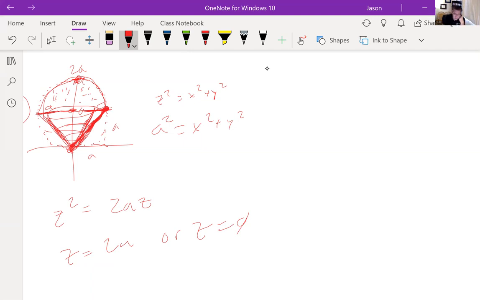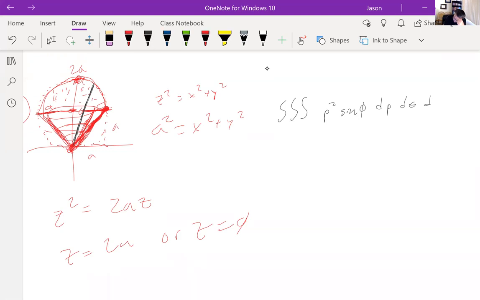It's basically the same question that we did in class. So we have rho squared sine phi, that's my integration factor, d rho d theta d phi.